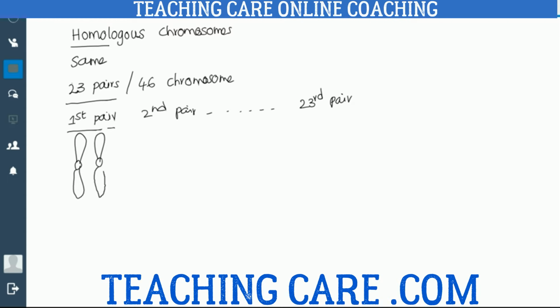So of these 2 chromosomes, one chromosome is from one parent. Suppose this chromosome is from the mother, it is called the maternal chromosome. Automatically, the other one will be from the father, the paternal chromosome.